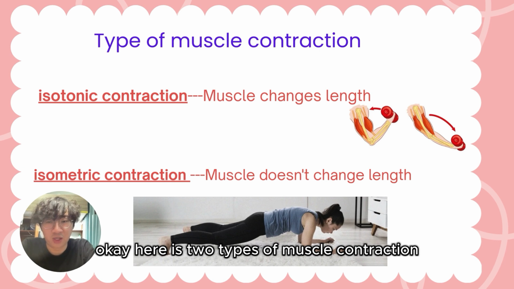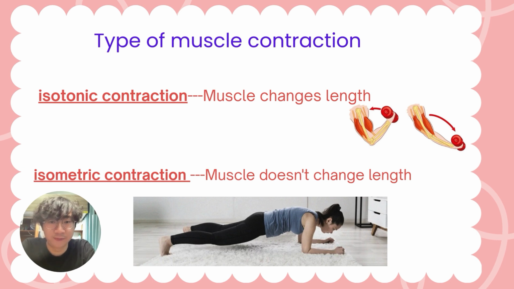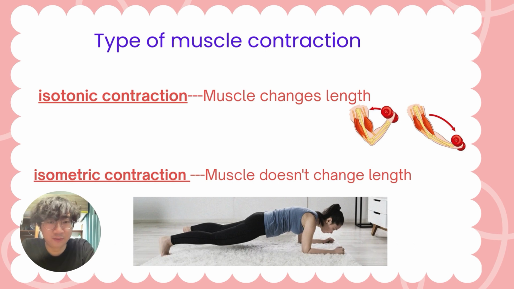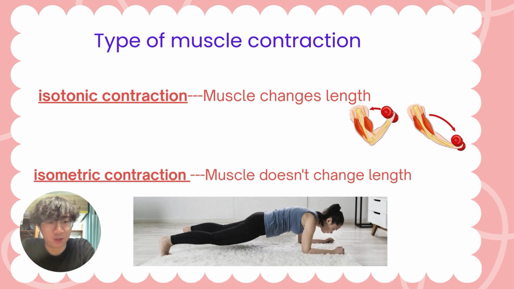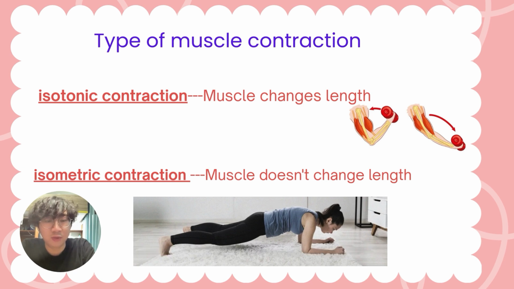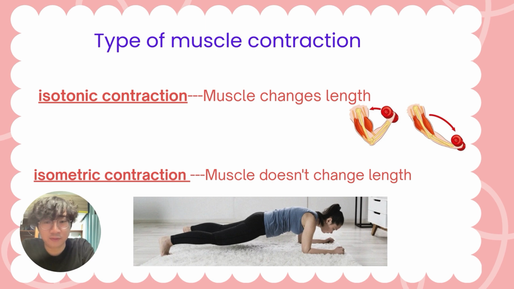Okay, here are two types of muscle contraction. The first is isotonic contraction. The muscle changes its length during the exercise. For example, a biceps brachii exercise will change the shape of the muscle during the exercise. So that is isotonic contraction.